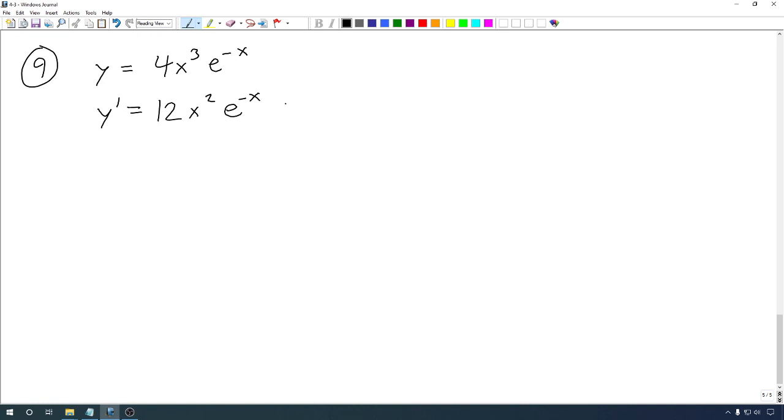In the next term, we add, now we're leaving the 4x cubed alone, but we're going to differentiate e to the minus x. But since it's e to some constant times x, this constant being a -1 here, we basically just get to take e to the minus x and multiply it by that number. We multiply this by -1, which is just going to change our plus sign into a minus sign.